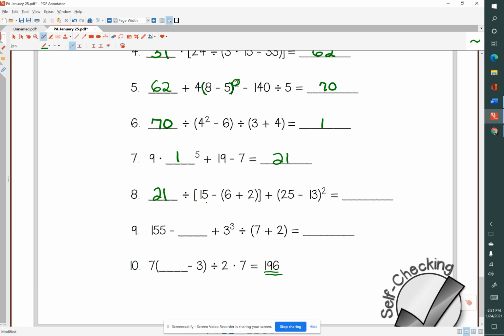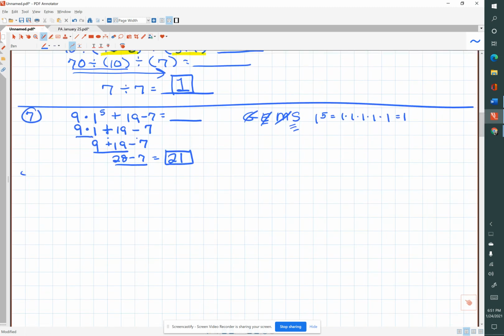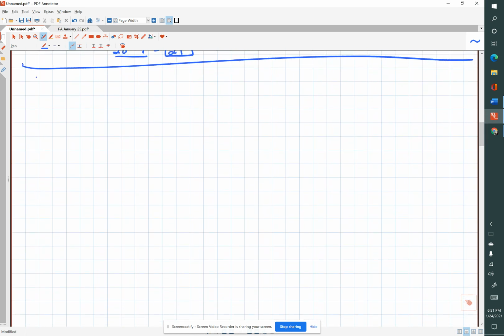Okay, we've got lots of grouping symbols going on in number 8, so we'll just take our time. I hope you're trying it on your own first before you watch me do it.